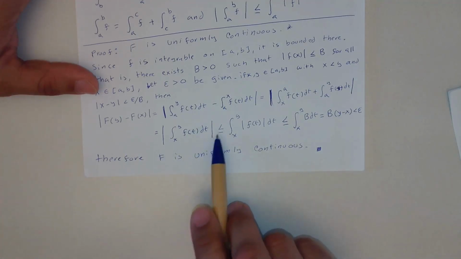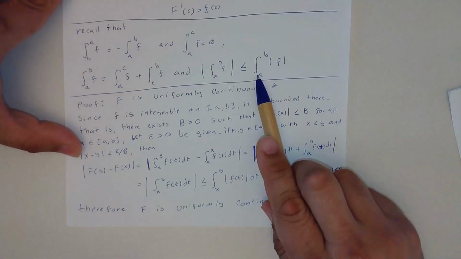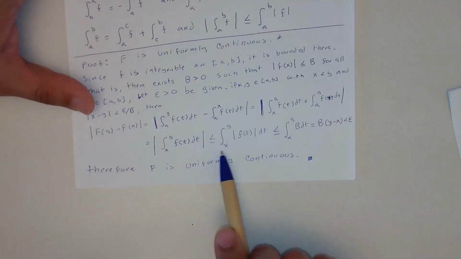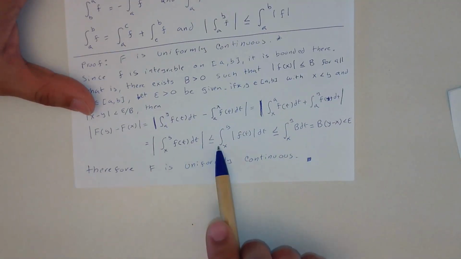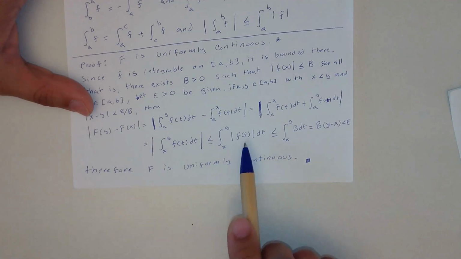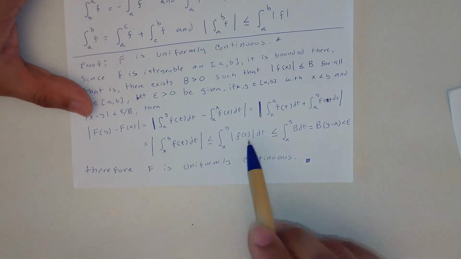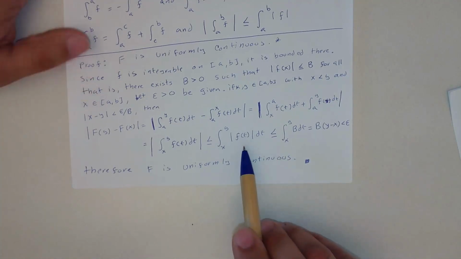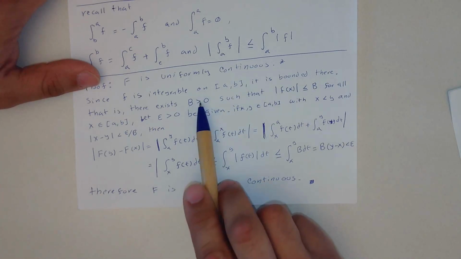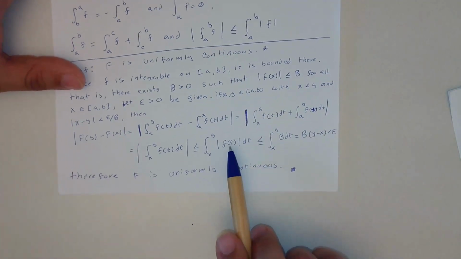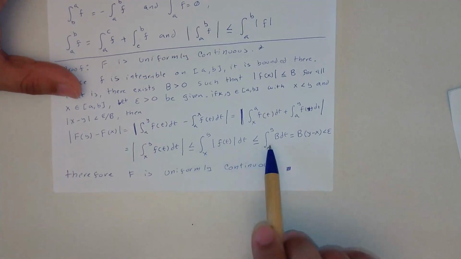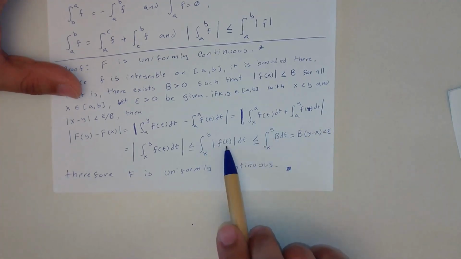And we know that by the triangle inequality, this is less than or equal to the integral of the absolute value of the function, right? And this function we know is bounded, by definition, by a number B. So this is less than or equal to the same integral of B instead of the function, right?